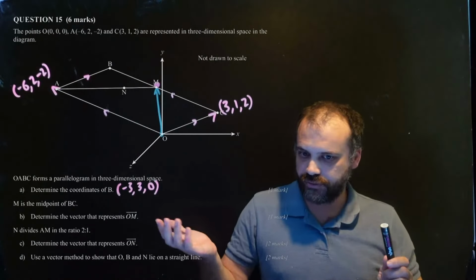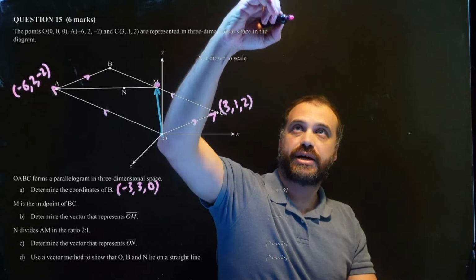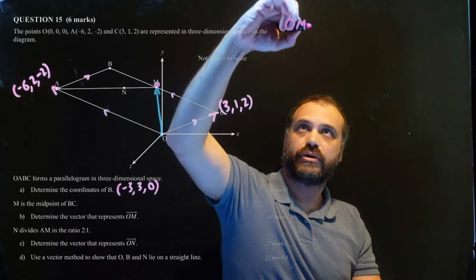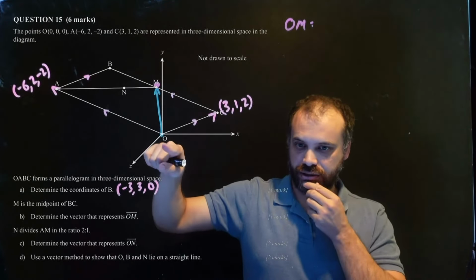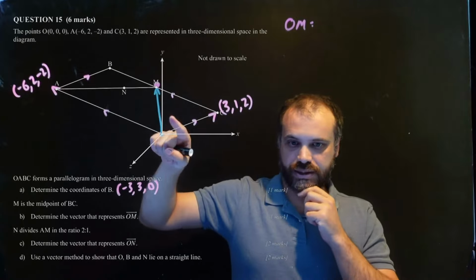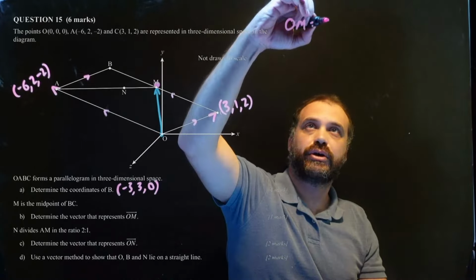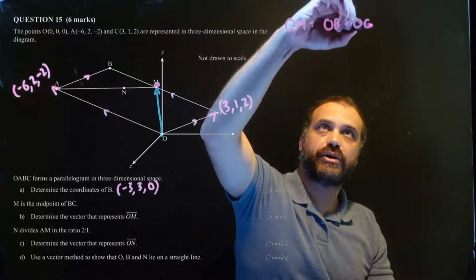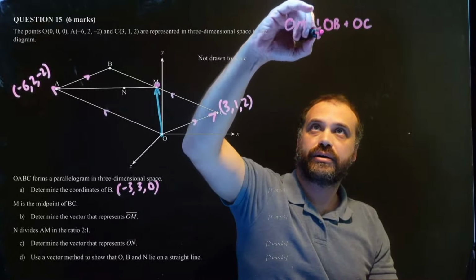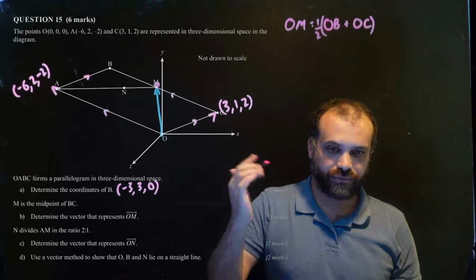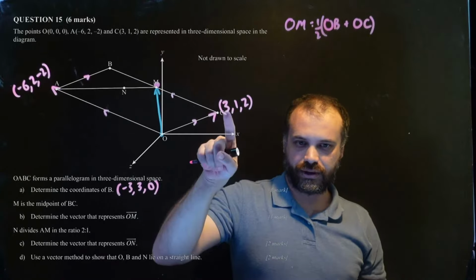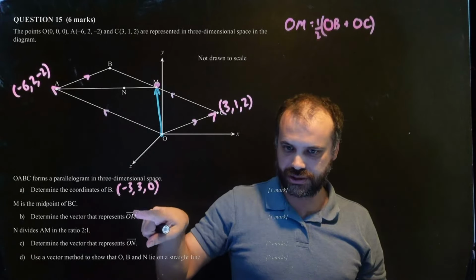Now we have a midpoint formula for vectors. We can say that the midpoint of those two vectors, so OM, is going to be equal to half of OB plus OC. Now I know what OB is because I just calculated it.